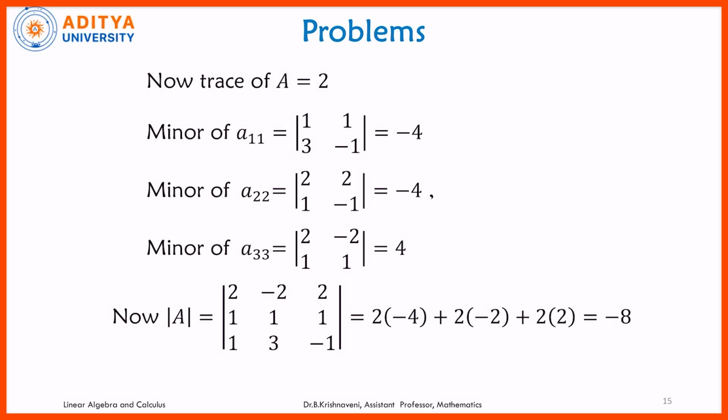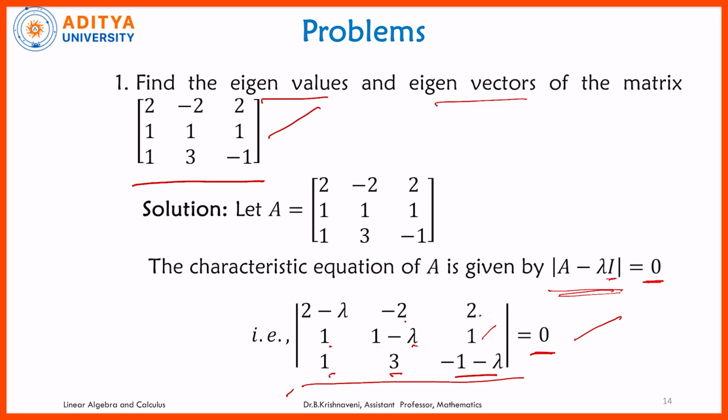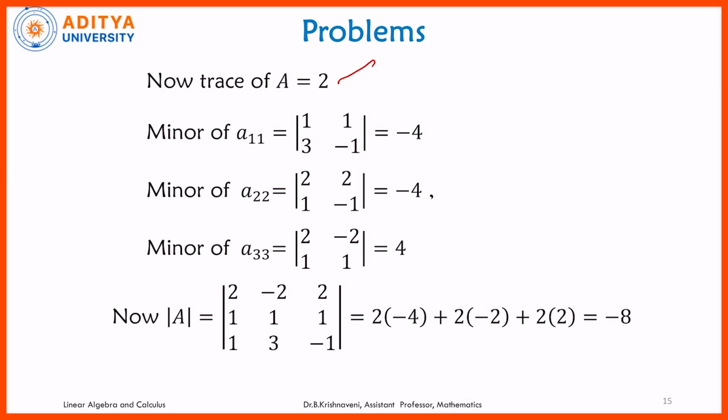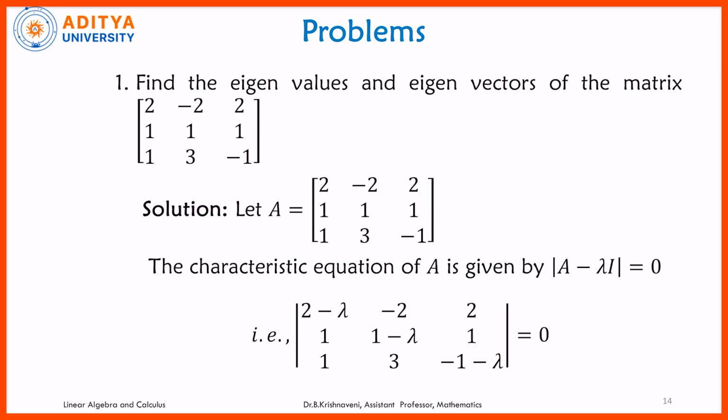For that, first we need the trace. Trace is nothing but the sum of the diagonal elements of A: 2 plus 1 minus 1, that is equal to 2. Next, we need to find the minors of A11, A22, A33. For the minor of 2, that is the A11 element, delete this row and this column, and take the determinant of the remaining elements, 1, 1, 3, minus 1.